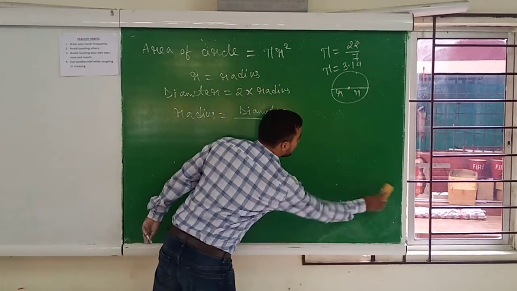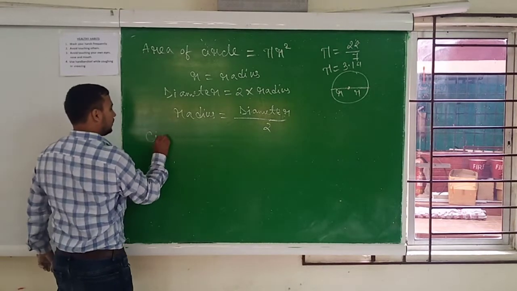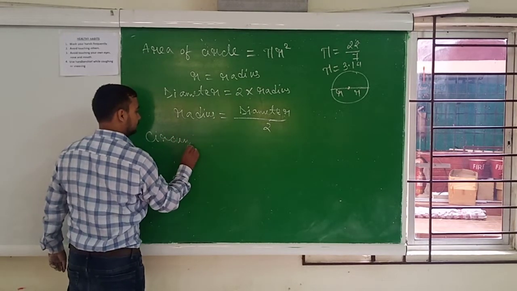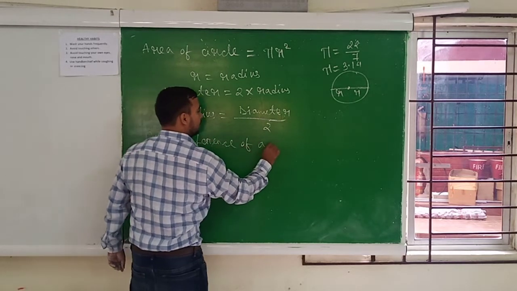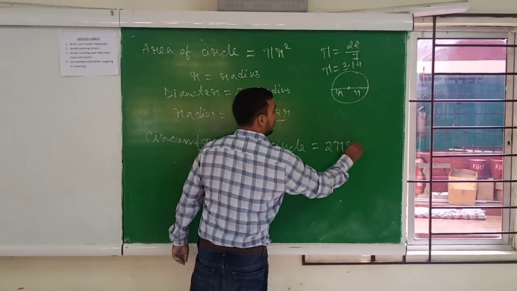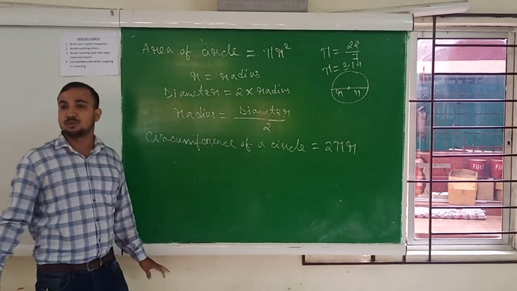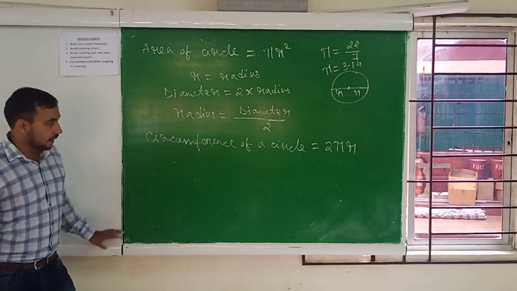There is circumference of a circle. Circumference of a circle is 2 pi r.